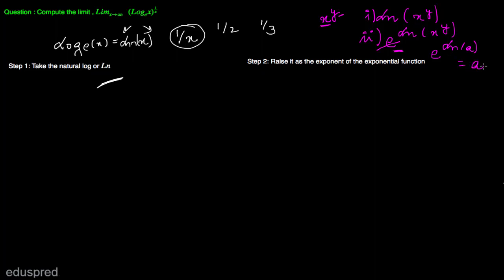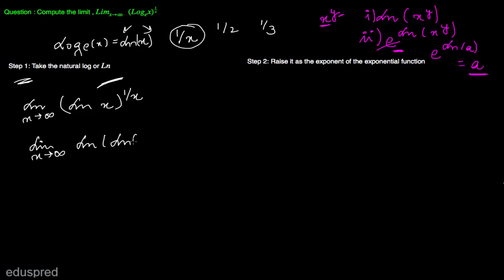which is equal to a. So our function was limit x tends to infinity (ln x) to the power 1 by x. Now doing the first step where you have to take the natural log, that is limit x tends to infinity ln of (ln x) to the power 1 divided by x.